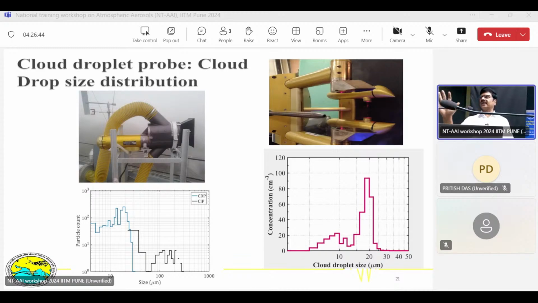You will record the speed and all airflow is known. Whereas on the ground you need to set up an aspirator, and you should know the flow of the air. Okay, you are drawing the cloud air mass into this scattering volume. This is an aspirator unit, so it will draw the cloud air through the probe.